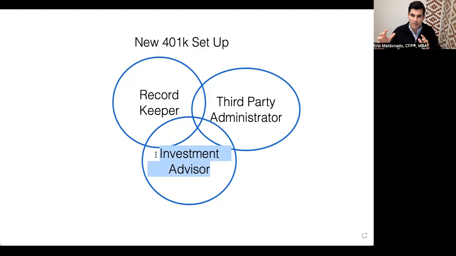Then you and your advisor and the third party administrator can bring in a record keeper that is appropriate for the plan, that can make sure the employees get the right investment options at a reasonable price. So this is much more of an overview of who are the right people to have in place.